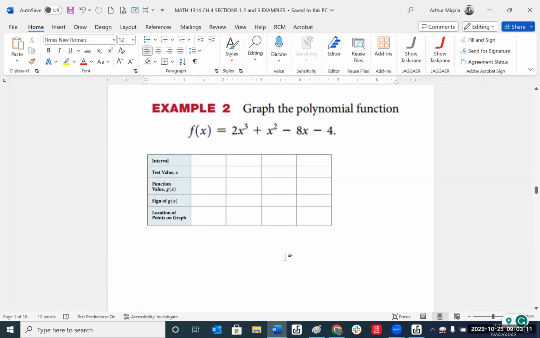How about this one? X cubed plus x squared minus 8x minus 4.